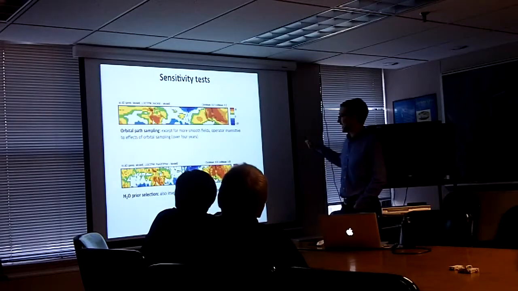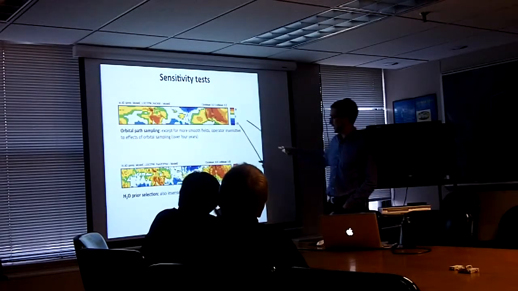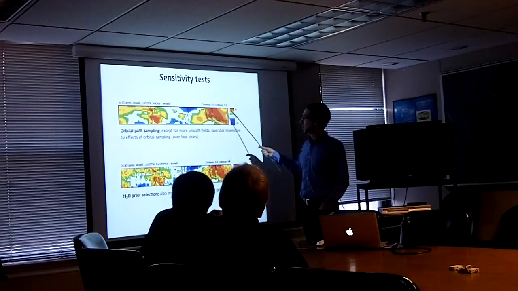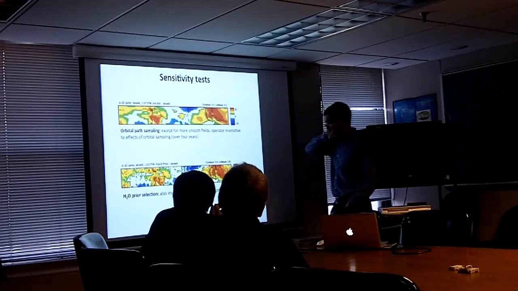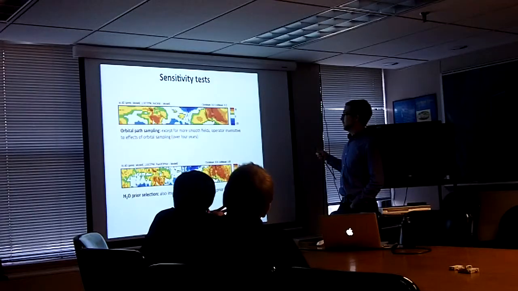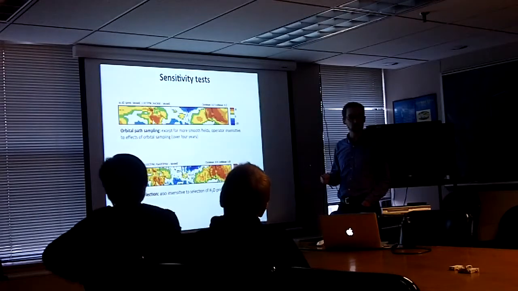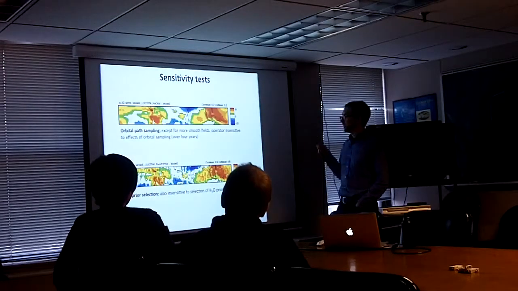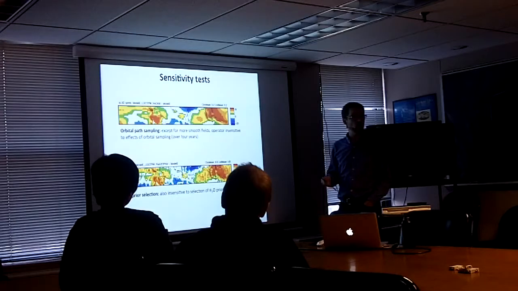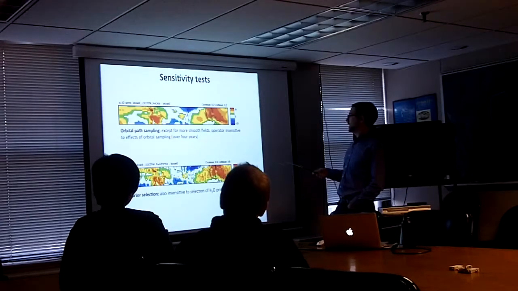I just wanted to see if it had an effect, and the fields are smoother, but other than that, there isn't a big difference. Although that's over 4 years, so that will not likely be the case over shorter time scales, which is part of what we're interested in, like comparing the isotopic signature of the MJO, for example.